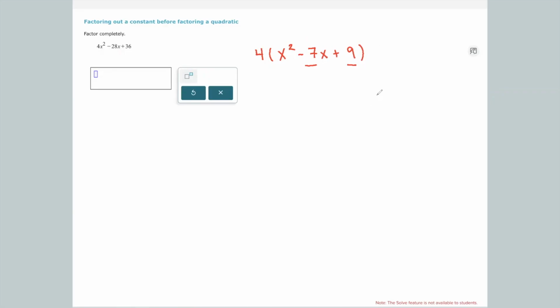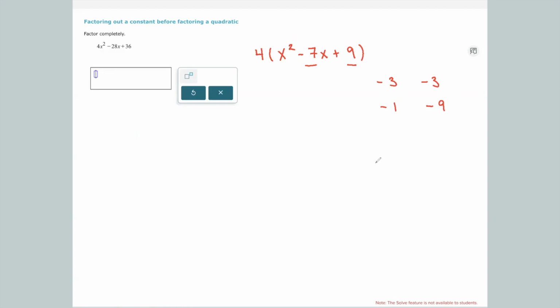So 9 is 3 times 3. If I wanted negative 7, I'd have to do negative 3 times negative 3. Well, that would add to negative 6. So for instance, negative 3 doesn't work. If I wanted to do it with 1 and 9, I could do negative 1, negative 9. But neither of these are going to add to negative 7.